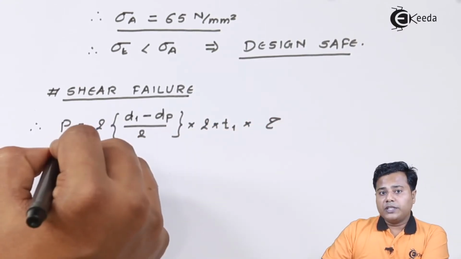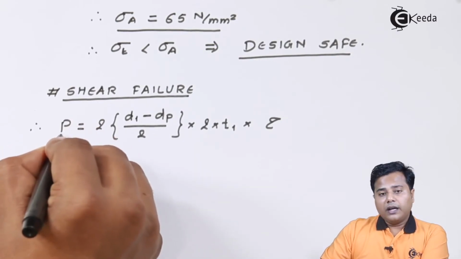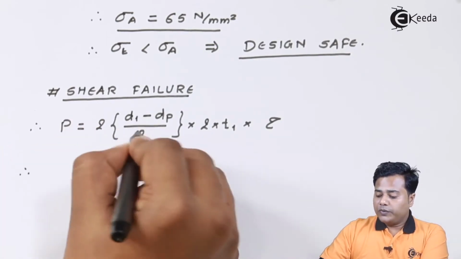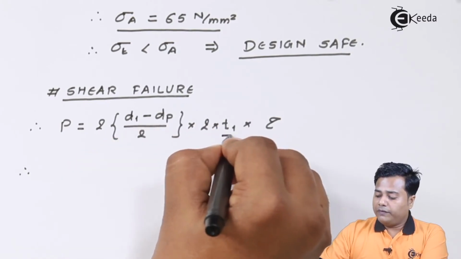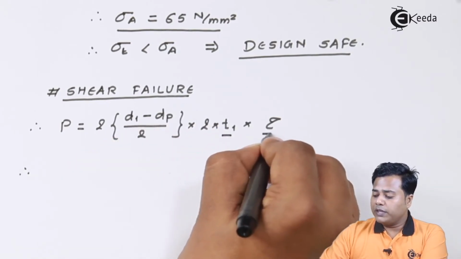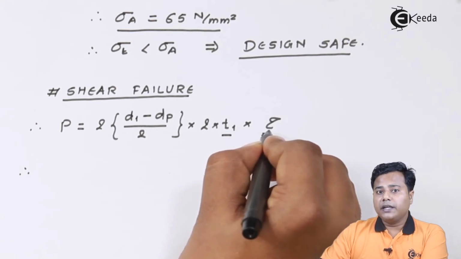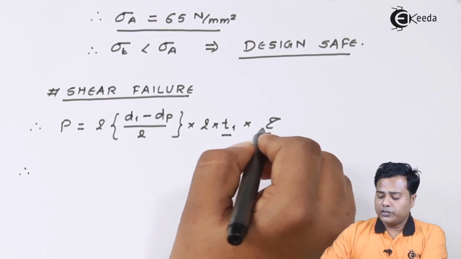Again we are going to do the same way. This is its actual axial load. We have the values which we have figured out, and the value of t1 that we already have figured out. We have to see whether the induced shear stress is greater or smaller than the allowable shear stress.